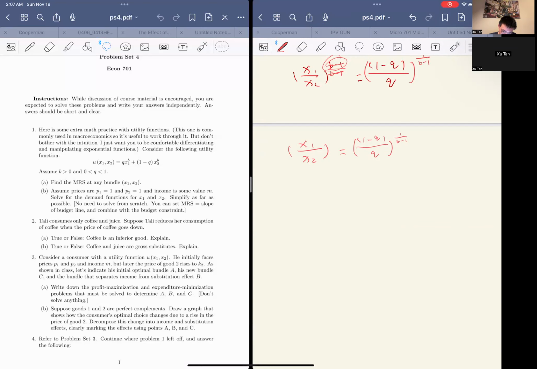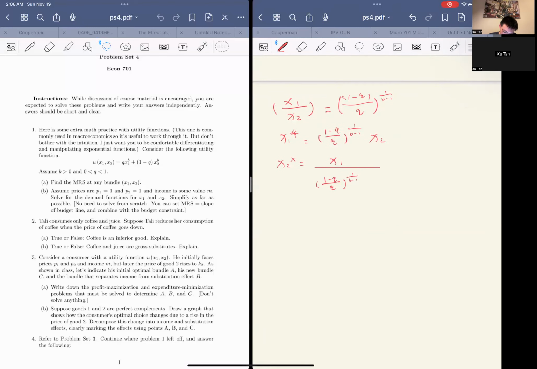Let's isolate x1. x1 is equal to (1 minus q over q) to the 1 over b minus 1 times x2, and x2 is equal to, flip the whole thing, x1 times the flipped term. That's it.